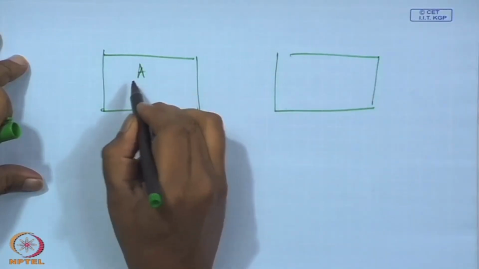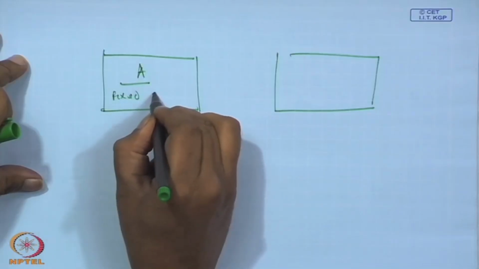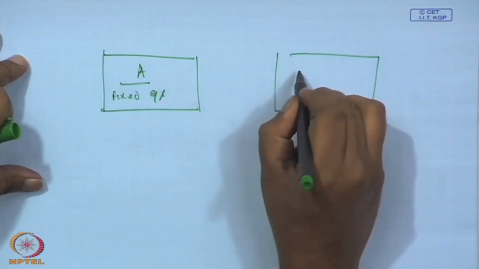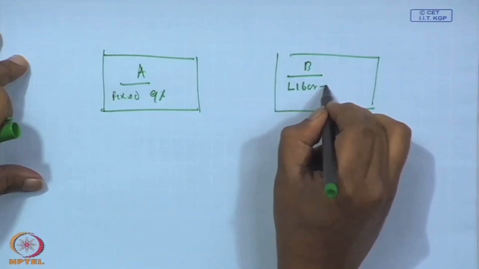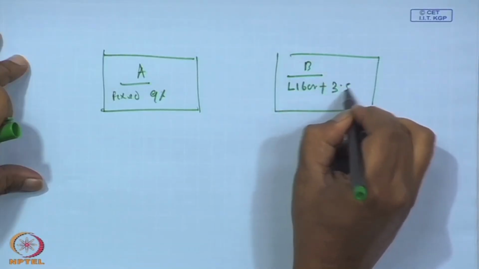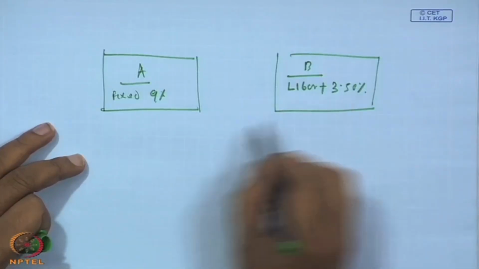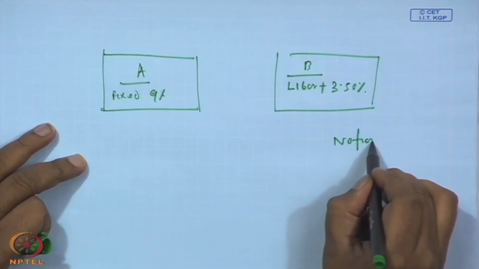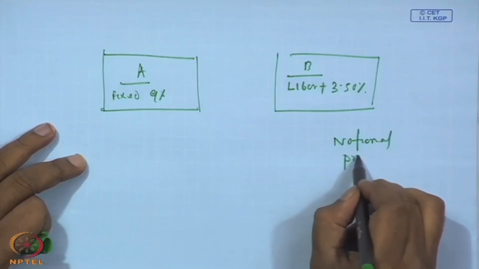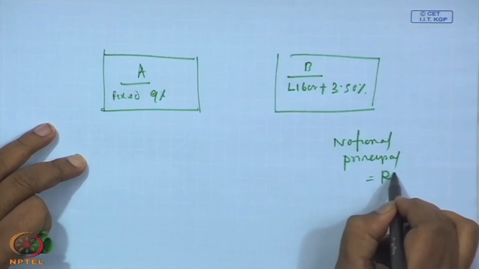Company A is fixed at 9%, company B is floating at LIBOR plus 3.5. The notional principal is rupees 10 lakhs.